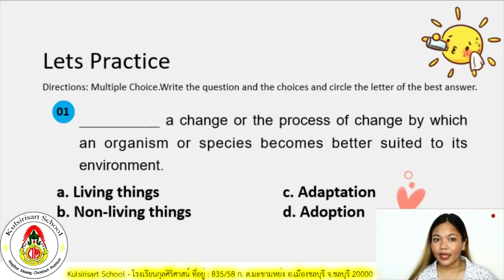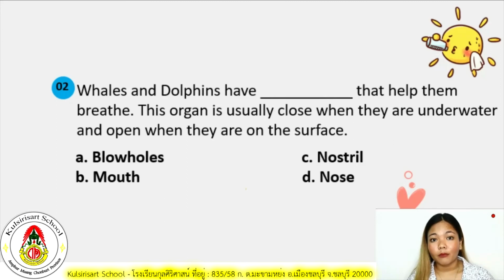Is it letter A, living things, letter B, non-living things, letter C, adaptation, or letter D, adoption? Okay? Now let's proceed to number 2.